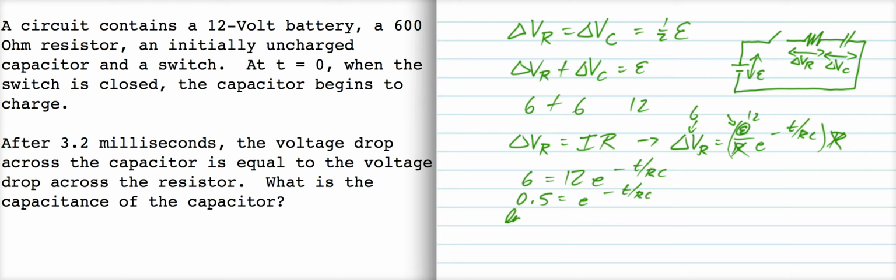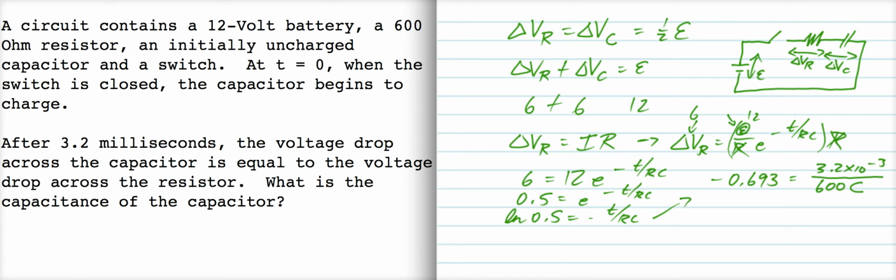Now I take the natural log of both sides, and then I'm left with negative 0.693 is equal to 3.2 milliseconds divided by RC, and R is 600.